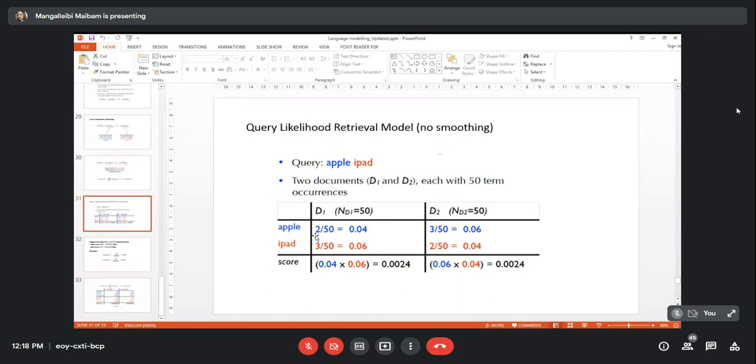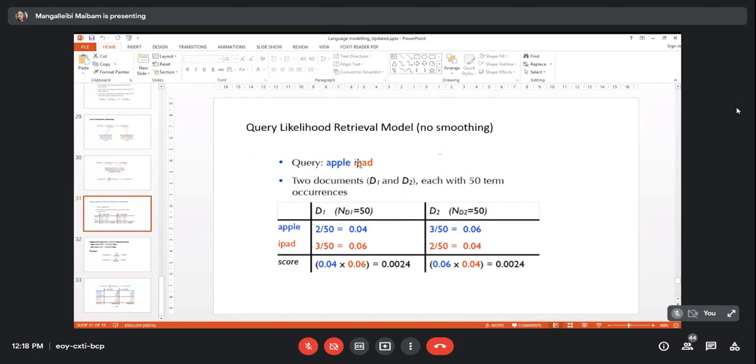So Apple occurs 2 times in document D1 and Apple occurs 3 times in document D2. So corresponding probabilities are calculated. 2 divided by 50 is 0.04 and 3 divided by 50 is 0.06.